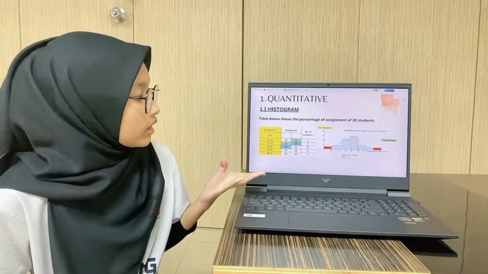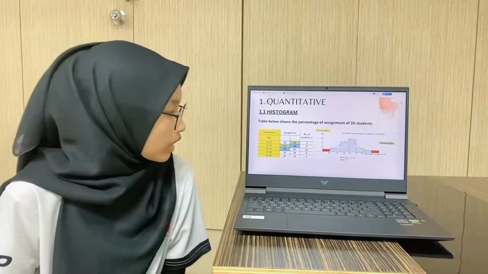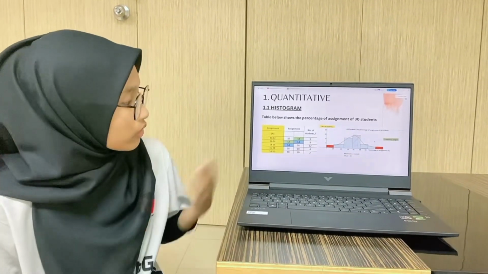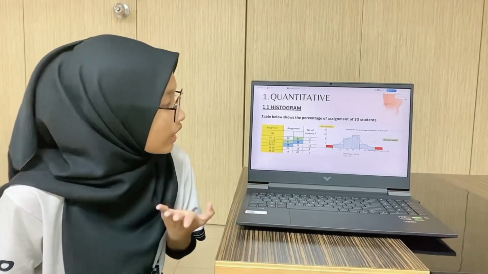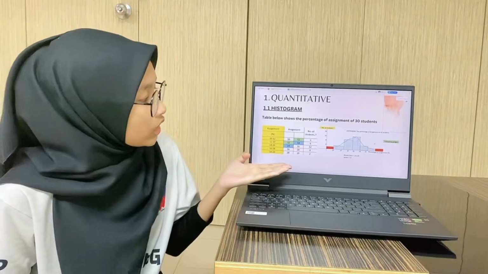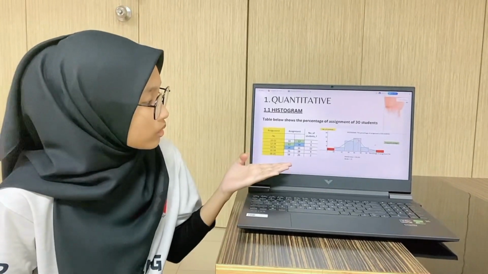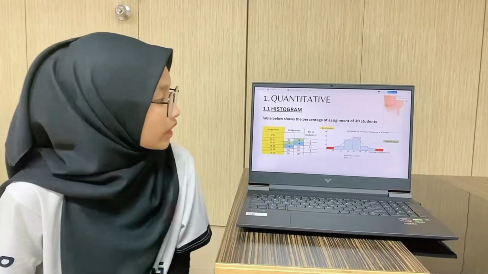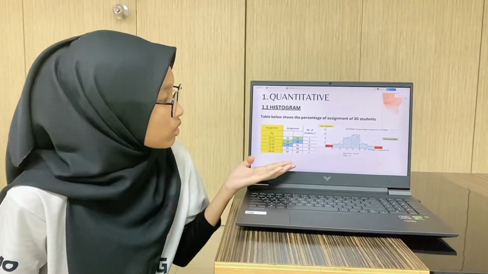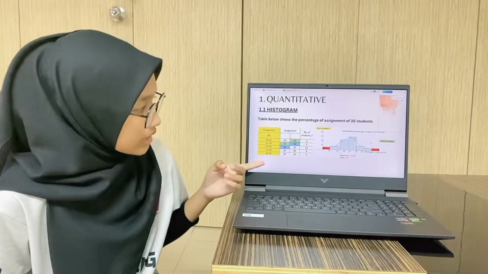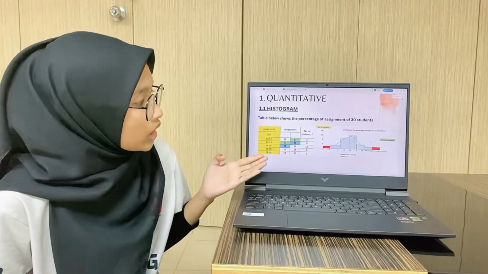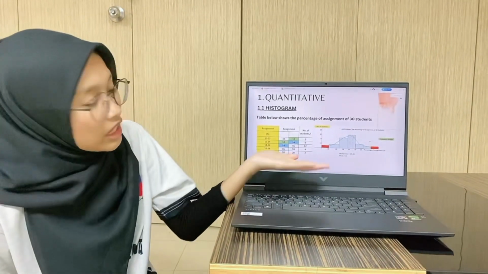So we divide them into 10 to 12, 12 to 14, 14 to 16, 16 to 18 and 18 to 20. And then we divide them into lower B and upper B. Then we choose number of students from their percentage of assignment, and then we make it into a histogram.